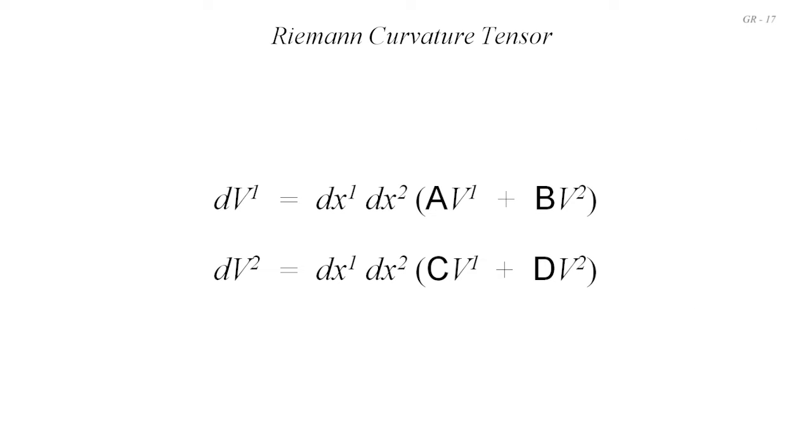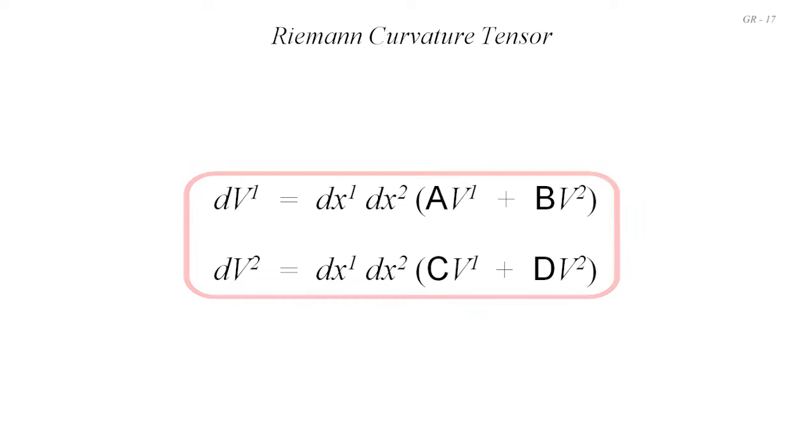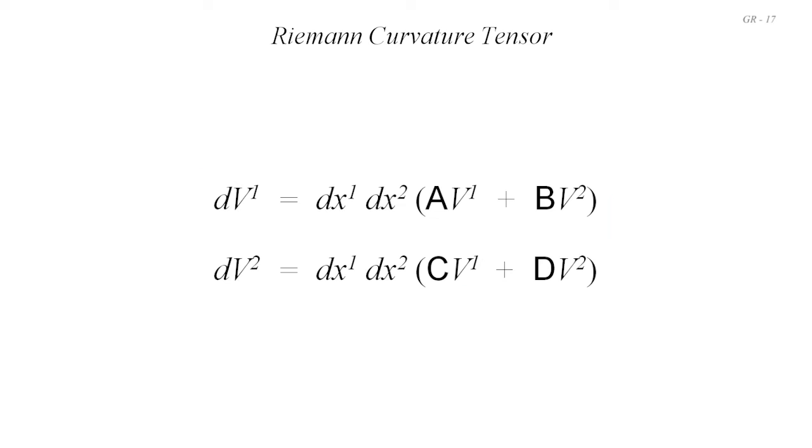We won't actually do that division or go to the calculus limits, but we'll rather leave the equations as they are as we continue to work through things, all the time realizing that ultimately we will be working in that limit. Clearly a, b, c and d are the important things that determine the curvature of the space at that point. v1 and v2 are all to do with the actual vector v, and it's a, b, c and d that are to do with the curvature at the point.